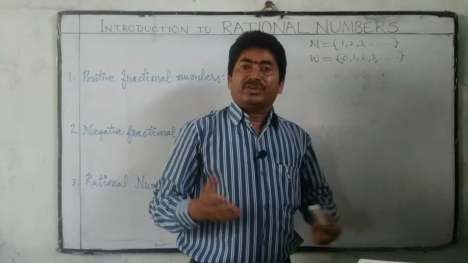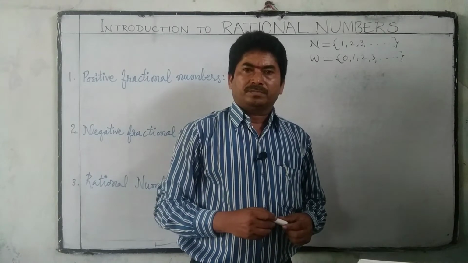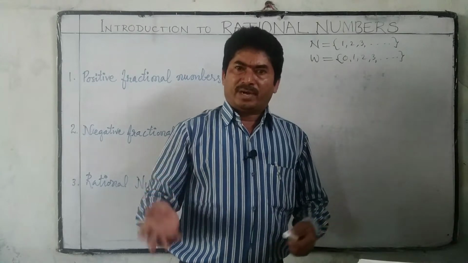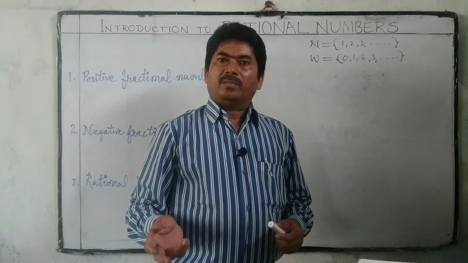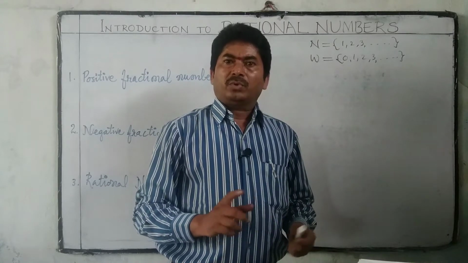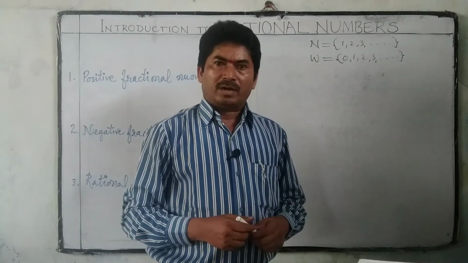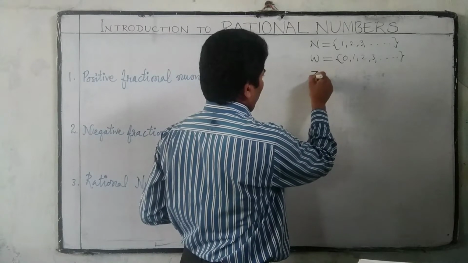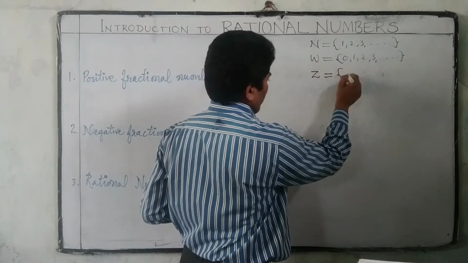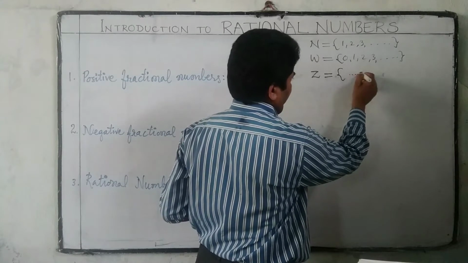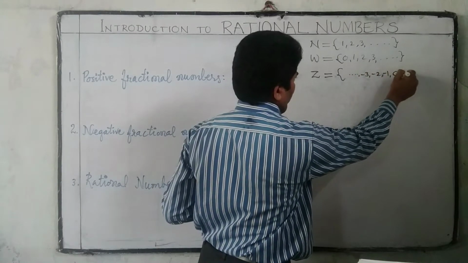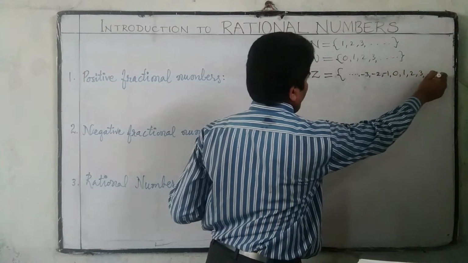Next, integers. What are integers? The set of all the positive and all the negative numbers together with 0 are called integers. Integers Z is equal to set of dash, minus 3, minus 2, minus 1, 0, 1, 2, 3 and so on.